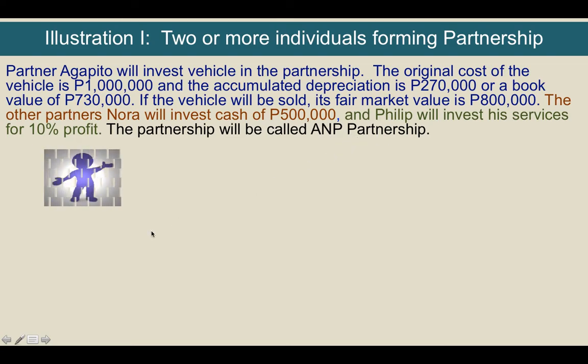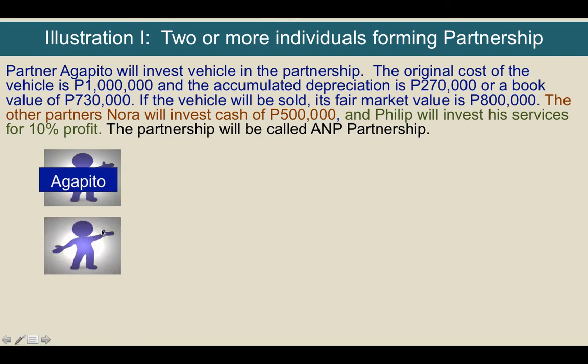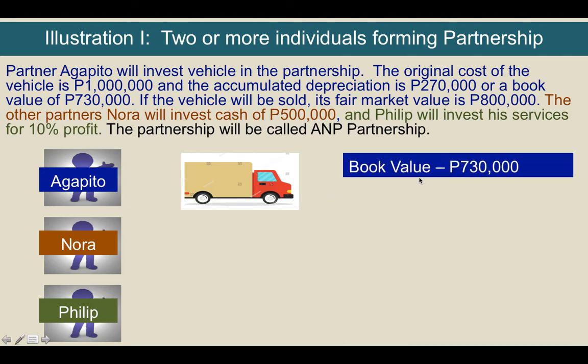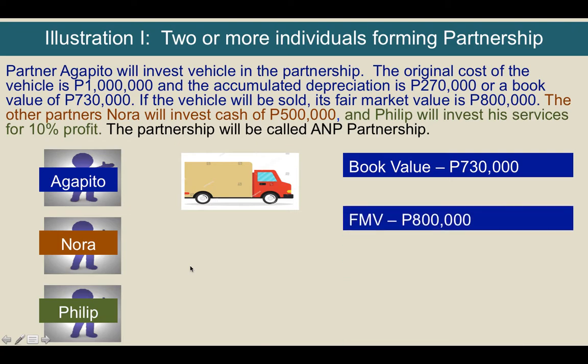Okay, let us summarize. Our partners are Agapito, Nora, and Philip. Based on the above, Agapito will invest his vehicle and the book value of the vehicle is 730,000.